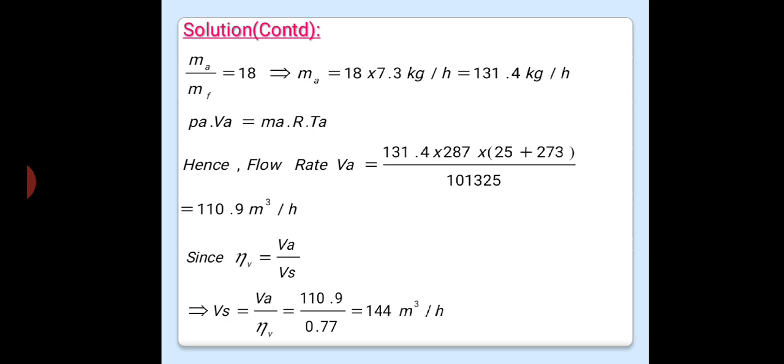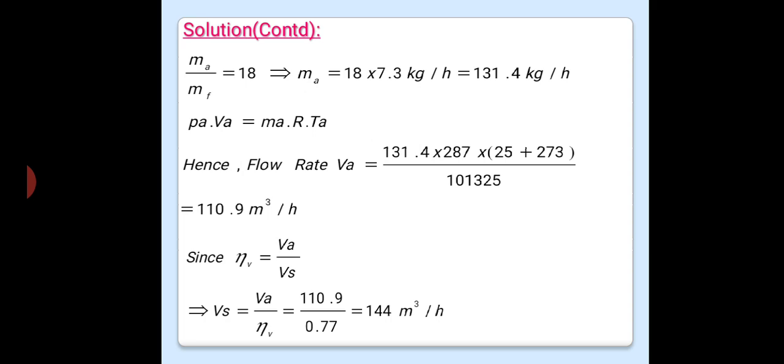Now here we have calculated the actual volume inhaled, and in this problem they have mentioned the volumetric efficiency, which is 0.77. Now you are going to calculate the swept volume. So we have the formula volumetric efficiency is equal to actual volume inhaled upon the swept volume.